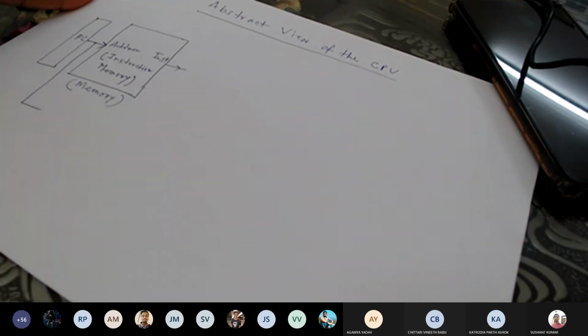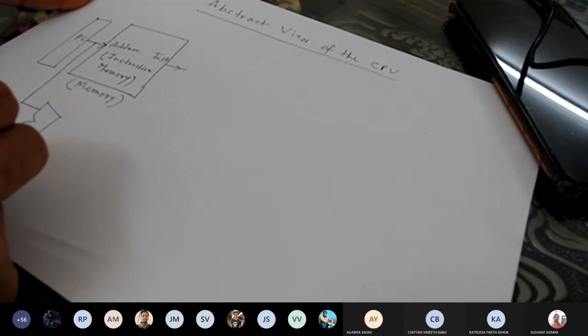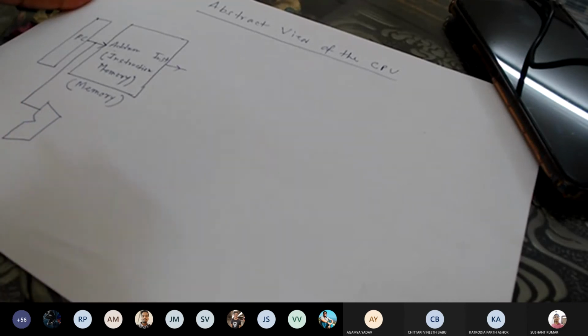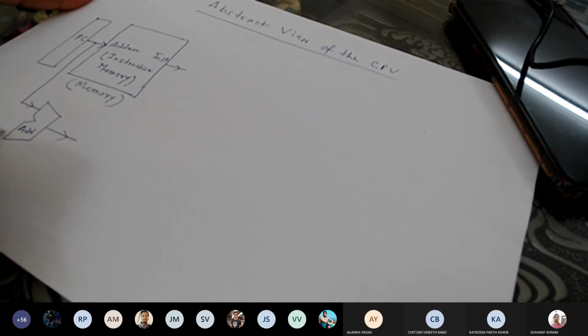And what I will do, this is an adder. What will be here?